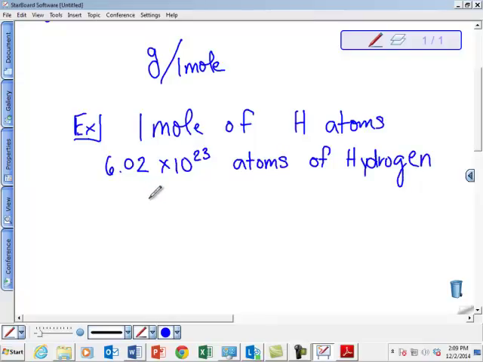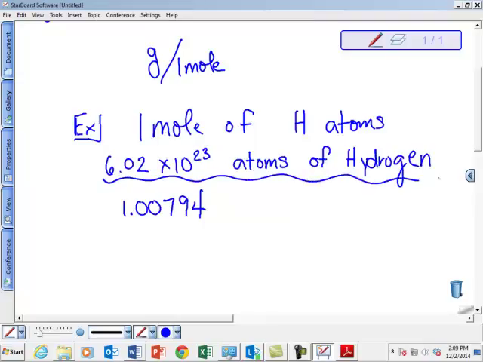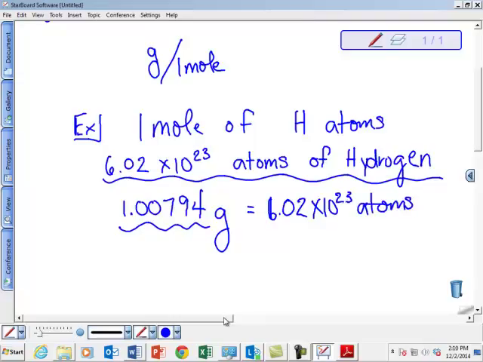But since atoms are so tiny, what's cool is that you can take its atomic mass, which was 1.00794, and we could say that if we had exactly this many atoms of hydrogen, we would have this many grams of hydrogen present, which is kind of cool. So this mass would be equal to 6.02 times 10 to the 23rd atoms of hydrogen. See how I have equal signs?